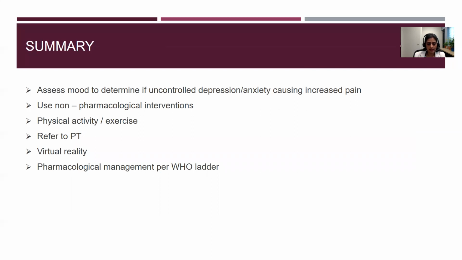Virtual reality is something that I came across with one of the sessions through this organization. And I think there is definite potential for use of virtual reality in helping manage chronic pain for patients. And then lastly, you want to go ahead and do pharmacological management per the WHO ladder. I think it's really important for us to follow this ladder so that we can help manage acute or chronic pain for patients.